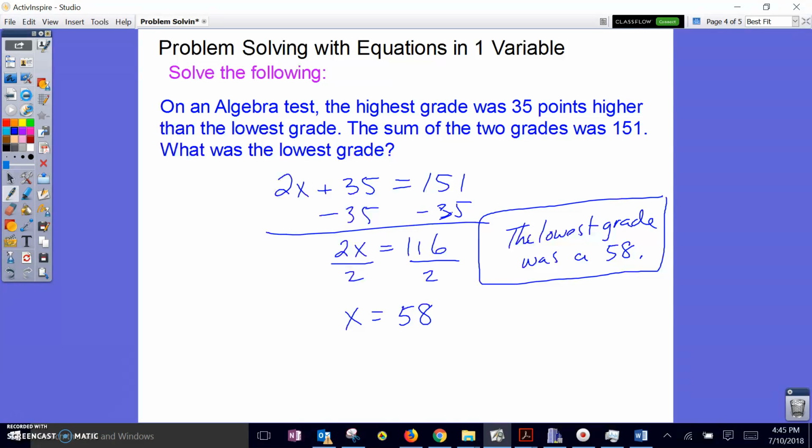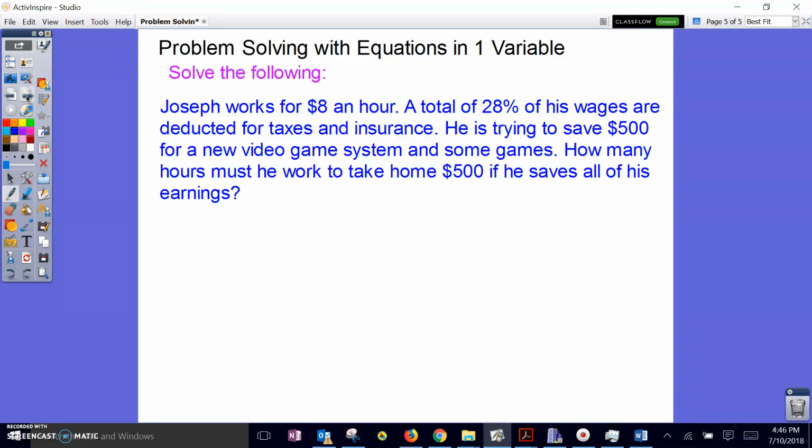And our last problem. Joseph works for $8 an hour. Our final equation we had was 5.76x equals 500. And so to get x, we're going to divide by 5.76.